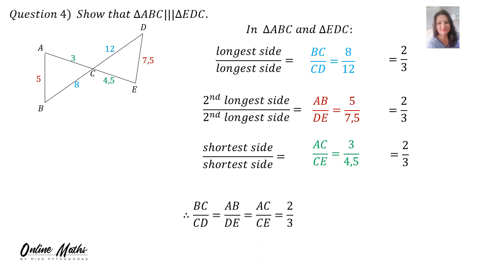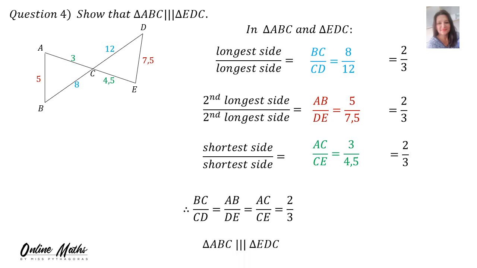Therefore, we can say that the ratio BC over CD is equal to the ratio AB over DE is equal to the ratio AC over CE, and they are all equal to 2 over 3. Therefore, triangle ABC is indeed similar to triangle EDC, and our reason, the sides in proportion.